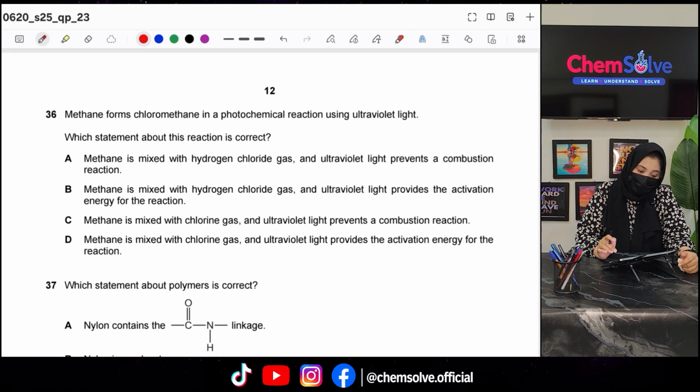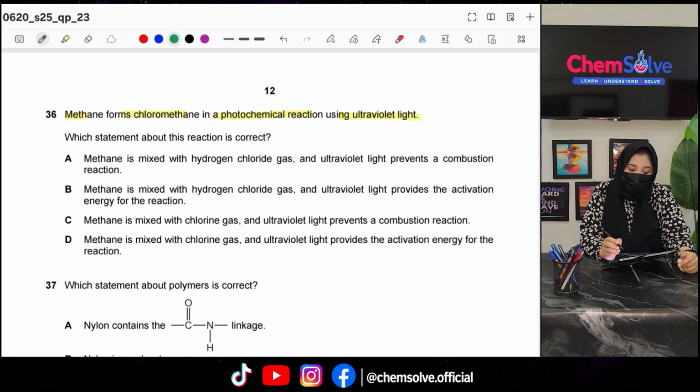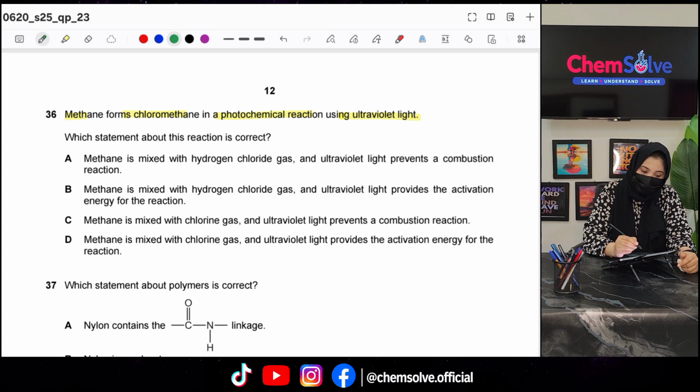Question number 36. Methane forms chloromethane in a photochemical reaction using ultraviolet light. Okay, this is basically the substitution reaction.